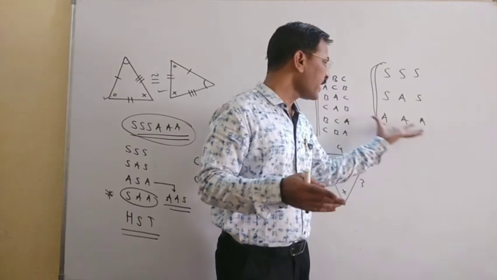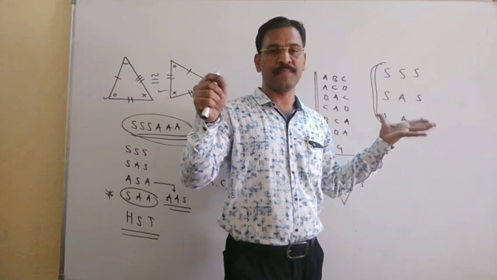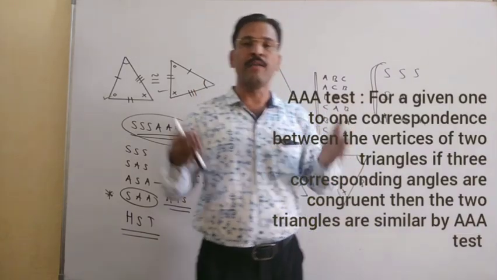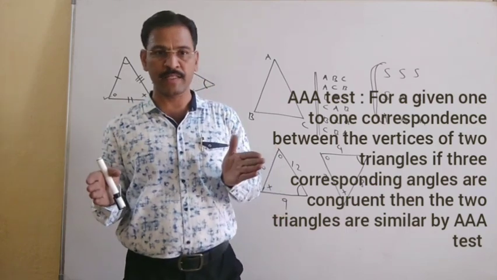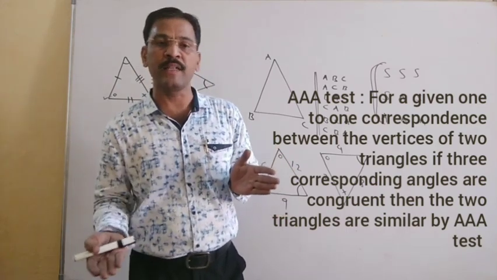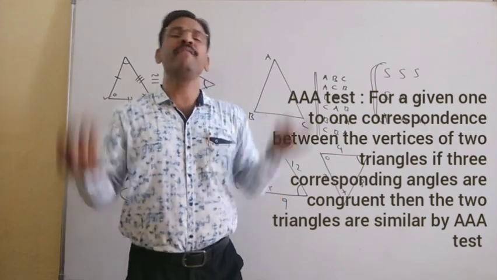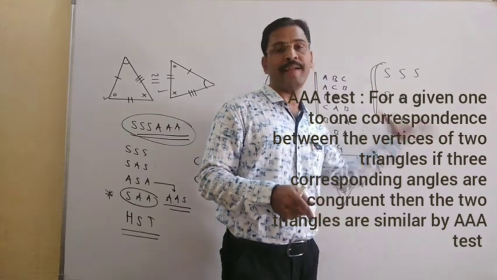Okay? Now the AAA test, or you may say AA test. What is it? For a given one-to-one correspondence between the vertices of 2 triangles, if 3 corresponding angles of both the triangles are congruent, then we can say the 2 triangles are similar by AAA test.